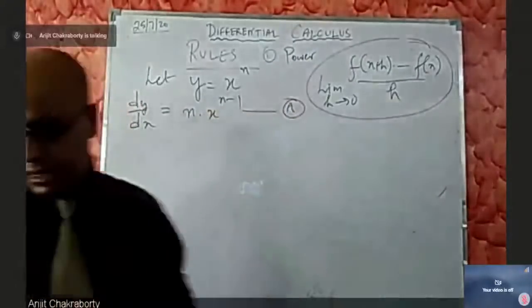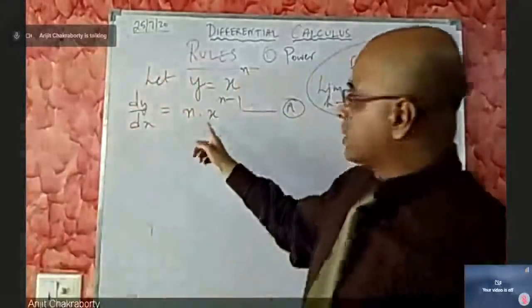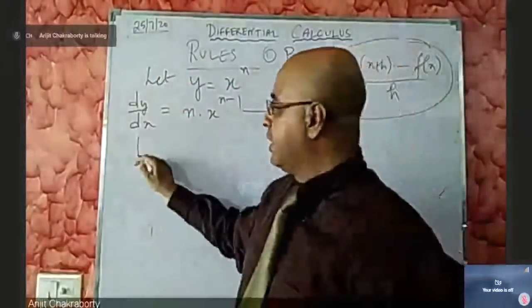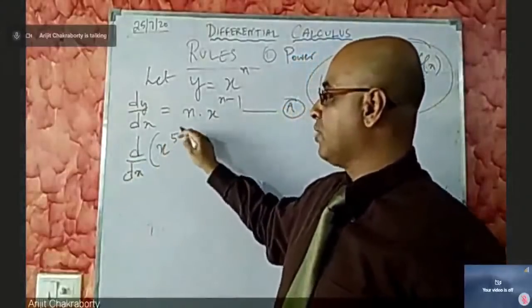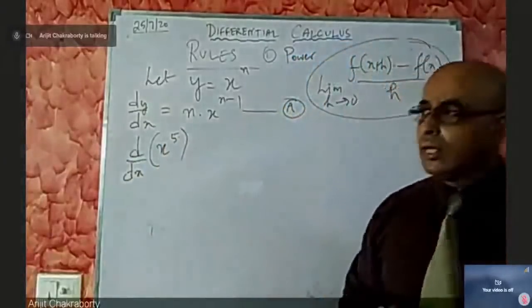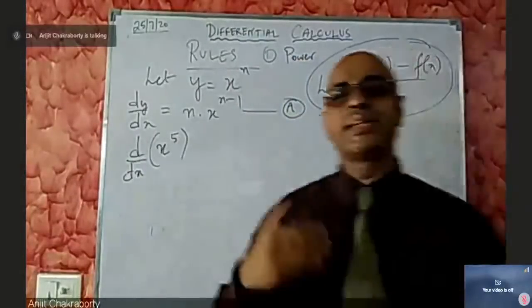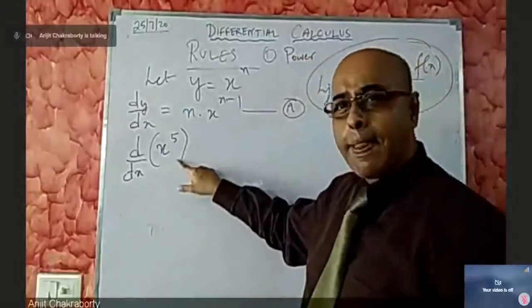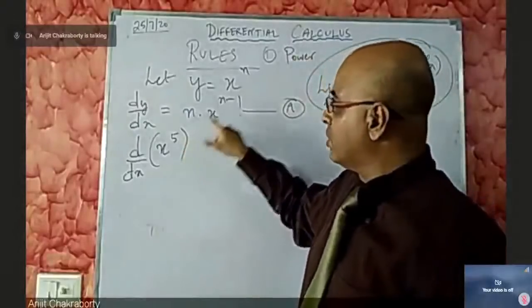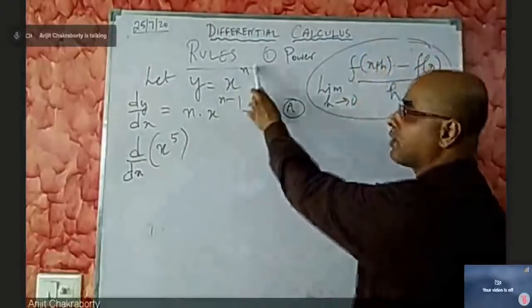That means, if you are given d dx of x to the power 5, you have to find the differential coefficient, the derivative of x to the power 5. So here, n is equal to 5. The formula is x to the power n.